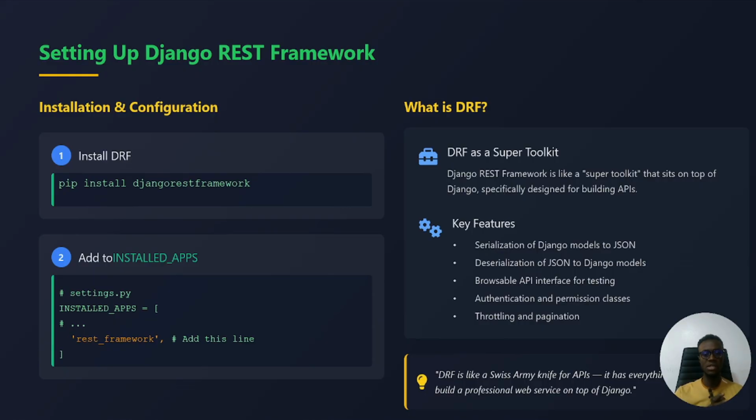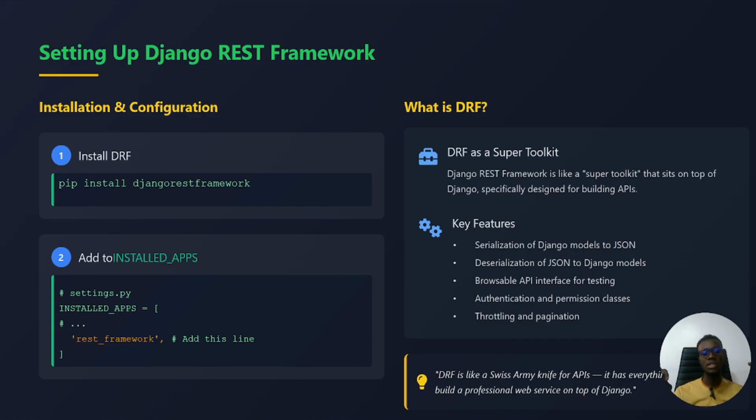The key features of DRF are serialization of Django models to JSON, and deserialization. Deserialization is the opposite of serialization. Serialization is getting the structure of the database model, remember what a model is, and converting it to JSON, while deserialization is converting the JSON that it receives from the input to Django models.